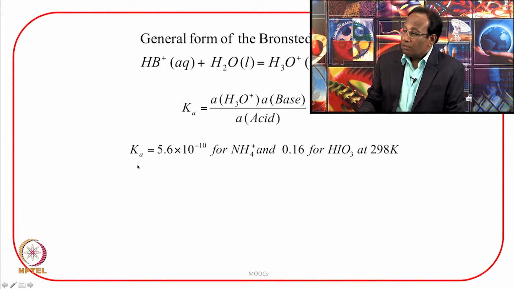Ka is very small, you see 5.6 × 10^-10 for ammonium ion, and it is very high, 0.16, for HIO3 at 298 Kelvin.